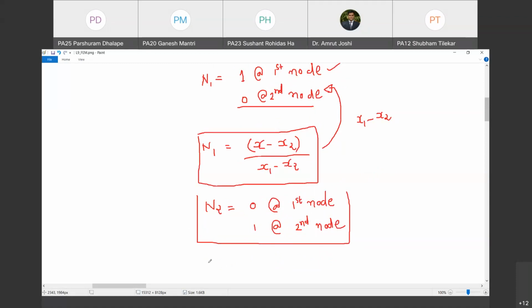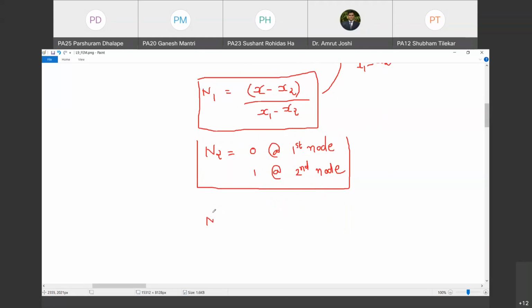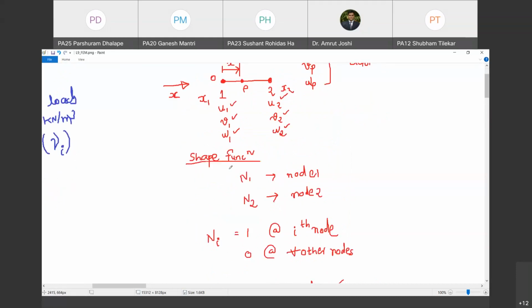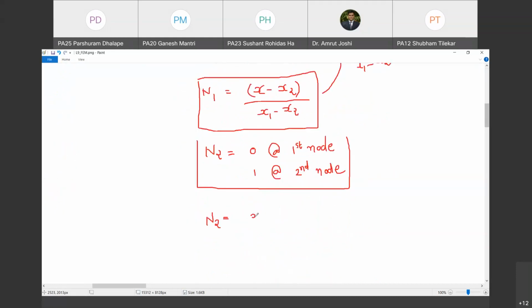Okay. So now let us write down n2. So the first zero wali condition पहले satisfy कर लेनी है. So where should it be 0? It should be 0 at the first node. At the first node, what is the x coordinate? x1. So if I write this function as x minus x1, it becomes 0 at the first node. Do you agree with me? Type your response in chat box.